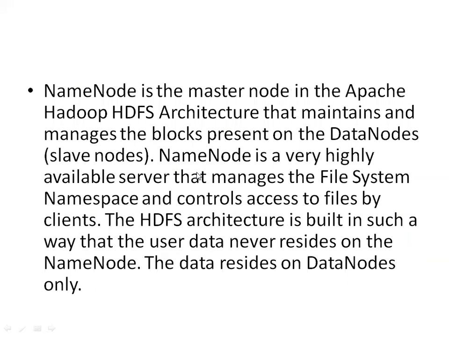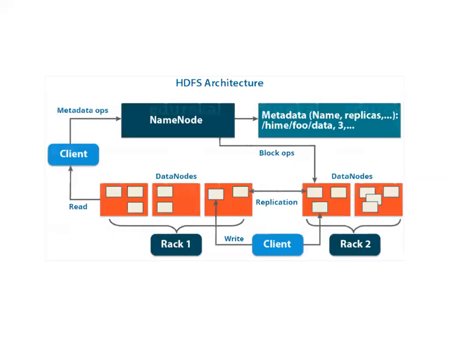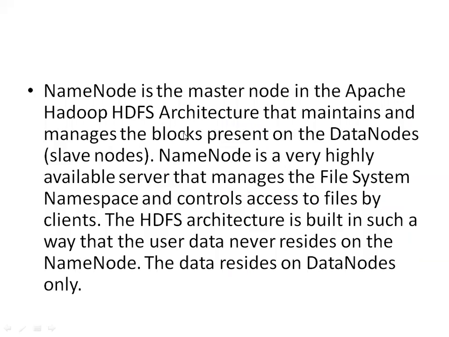In this architecture you have seen what metadata is, what the name node is, and what replication and the replication factor are. 3 is the default replication factor, but while configuring, the client can even increase the replication factor. The name node is a highly available server that manages the file system namespace.